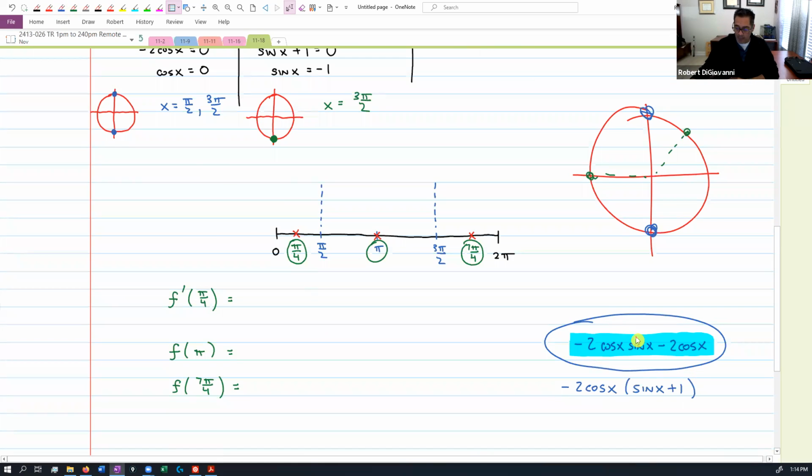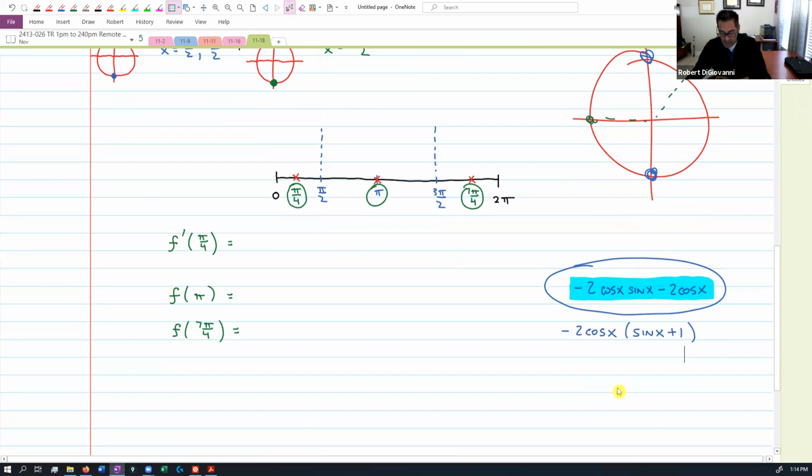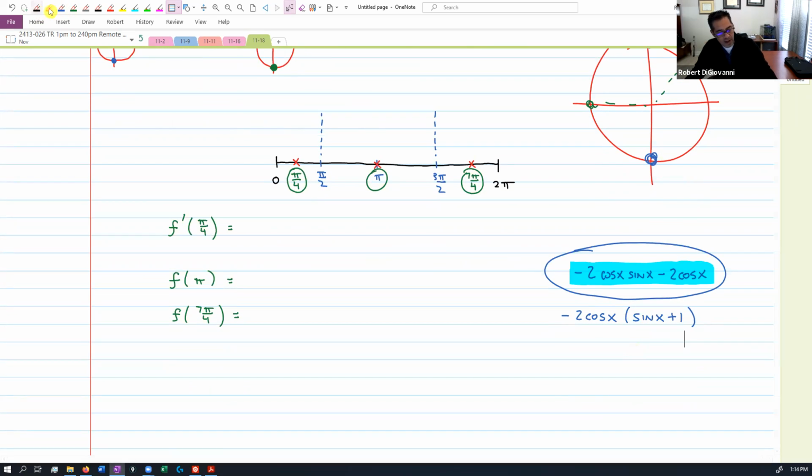So the top one is the derivative, and the second one is the derivative, but factored. The reason I'm going to look at this one is because I have multiplication here. If I know the sign of this and the sign of this, then I know when I multiply them together whether I'll get positives or negatives. So watch what happens.